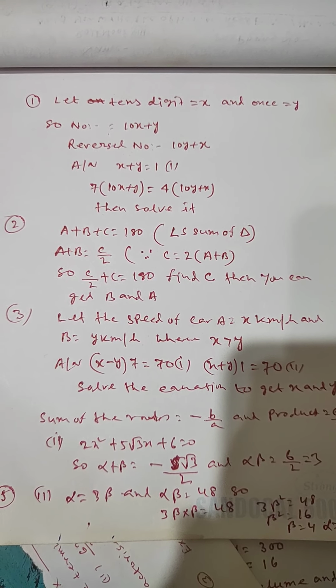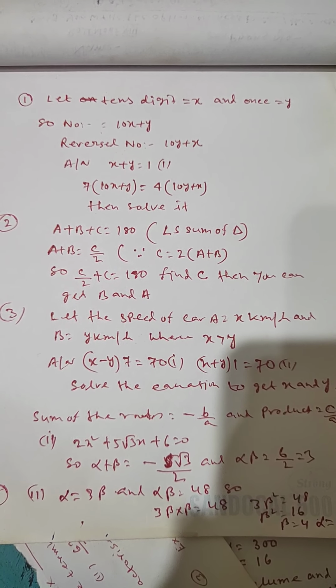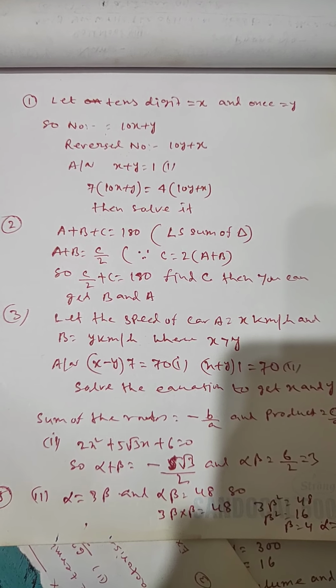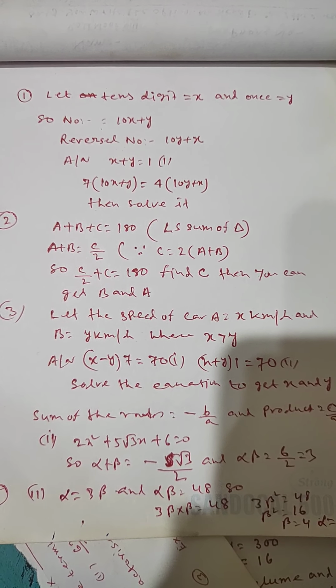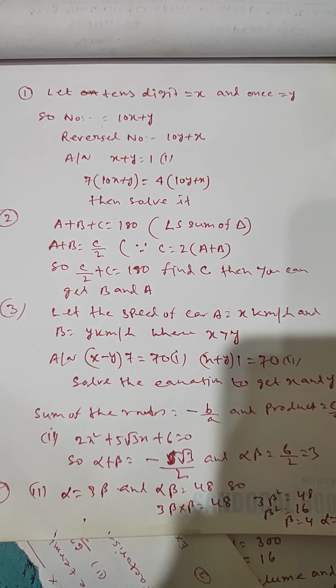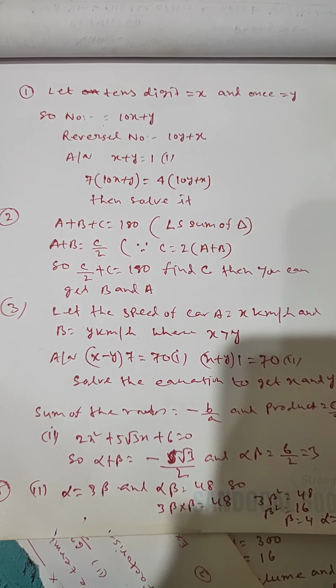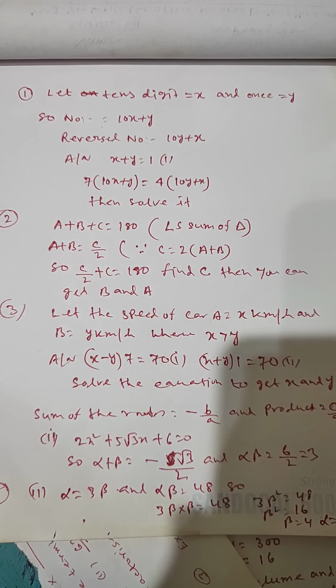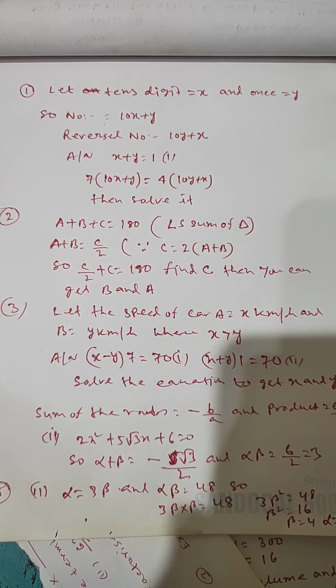Second question. As we know, the sum of the three angles of a triangle is equal to 180 degrees. So angle A plus B plus C is equal to 180. Angle A plus B is equal to C by 2, because C is equal to 2 into (A plus B), given.